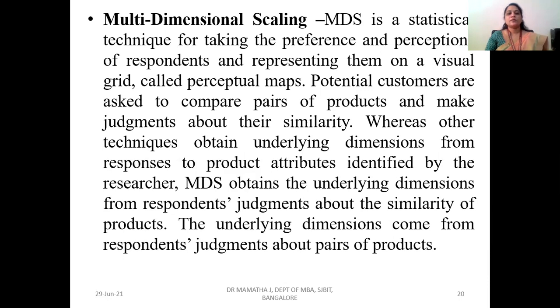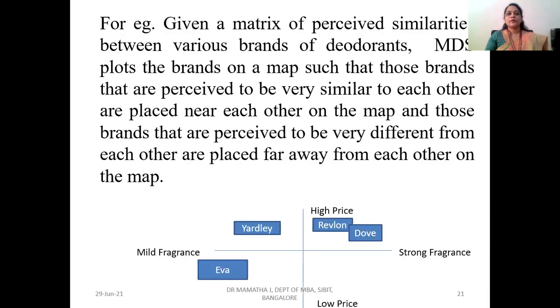Whereas other techniques obtain underlying dimensions from responses, MDS obtains underlying dimensions from respondents' judgment about the similarity of the products. Okay, so take for example a given matrix of perceived similarities between various brands of deodorants. We are taking Dove, Revlon, Yardley, Eva. MDS plots the brands on a map such that brands that are perceived to be very similar to each other are placed near each other on the map, and those brands that are perceived to be very different from each other are placed far away from each other. In the map, you can have two dimensions, one with regard to price, the other with regard to fragrance.